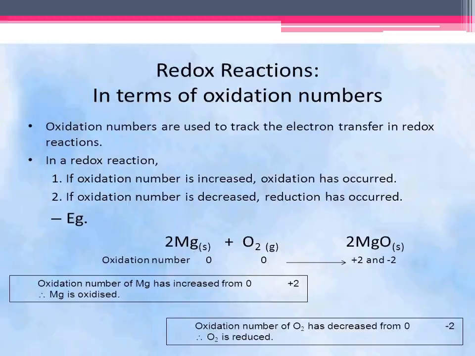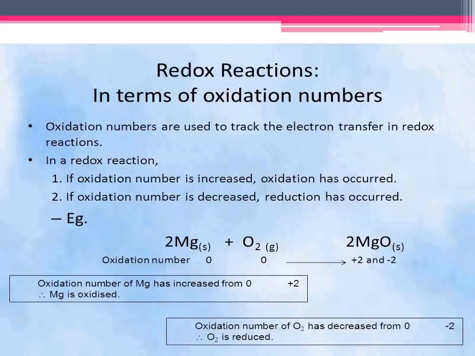On the right hand side, when they combine with each other, it becomes 2 MgO. So what happens? Plus 2 and minus 2. So the oxidation number of Mg has increased from 0 to plus 2.